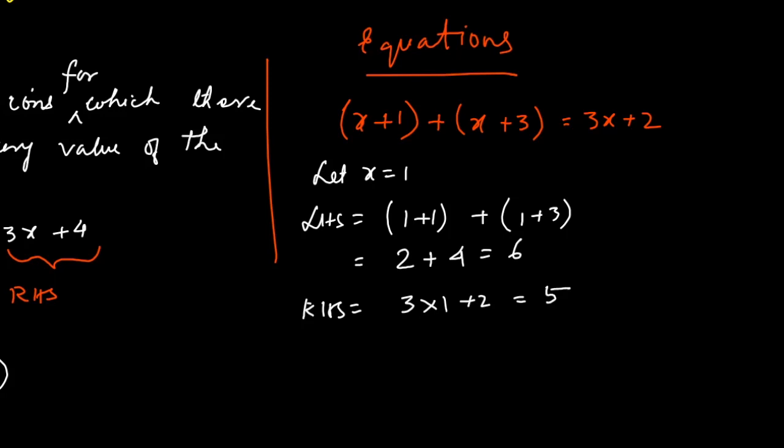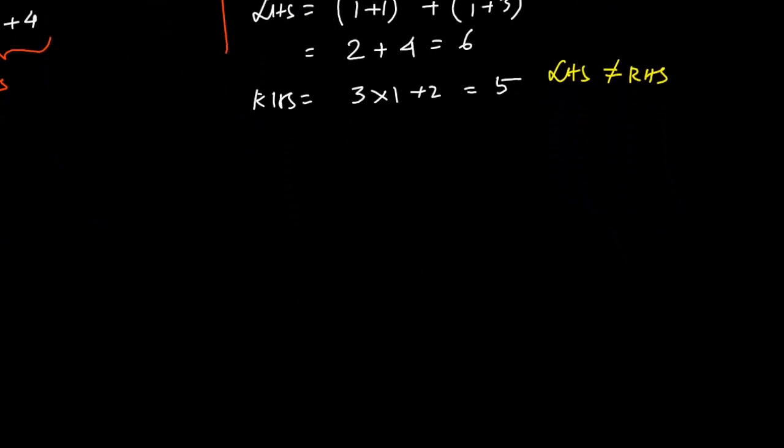So here we can find that LHS not equal to RHS. You just write an equal to sign and give a slash in between, so it is called not equal to. So let us substitute another value of x equal to 2 in the expression.